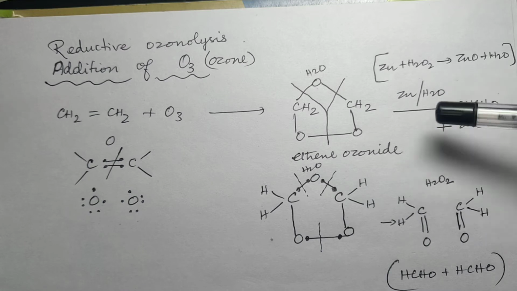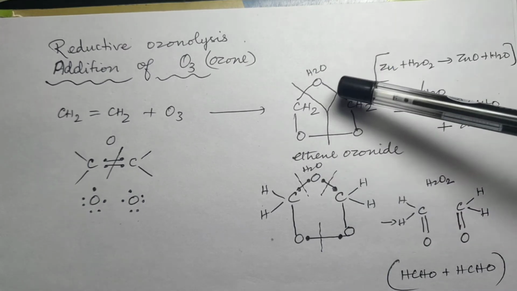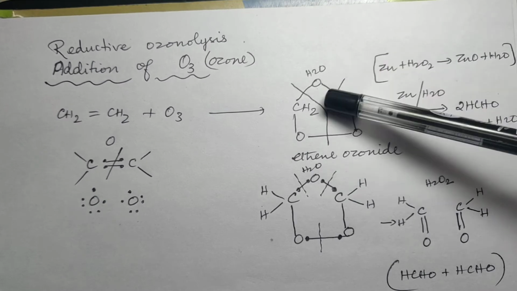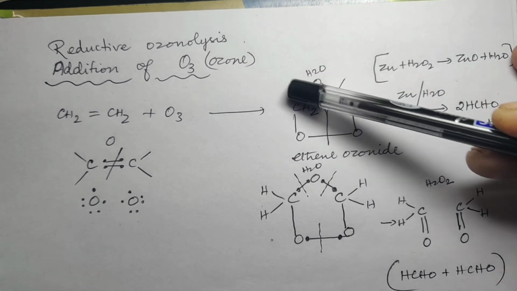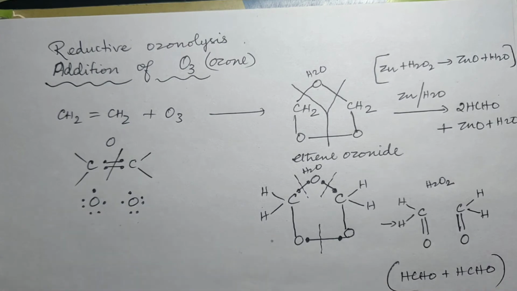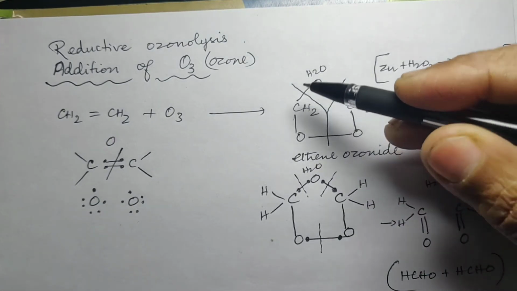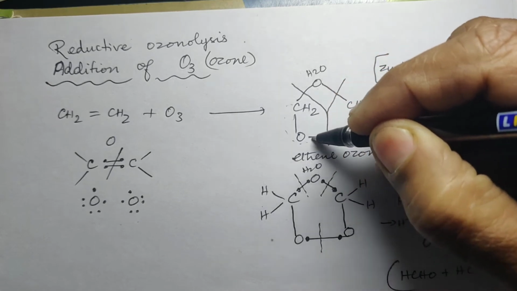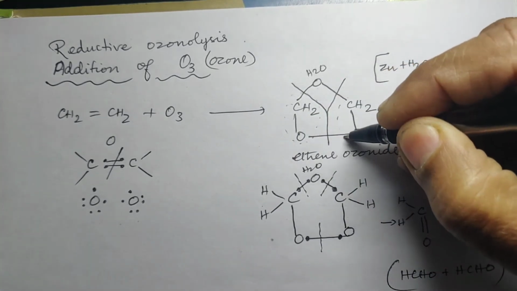And how is the bond cleavage taking place? This C-O is getting cleaved. Then this C-O is also getting cleaved. And this O-O is getting cleaved. That is why I have put it in Y shape. Now after the breaking of the bond, what is left is CH2O. This is CH2O and this is another CH2O.